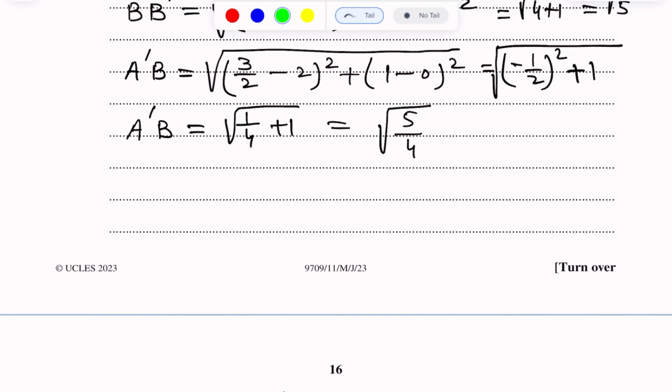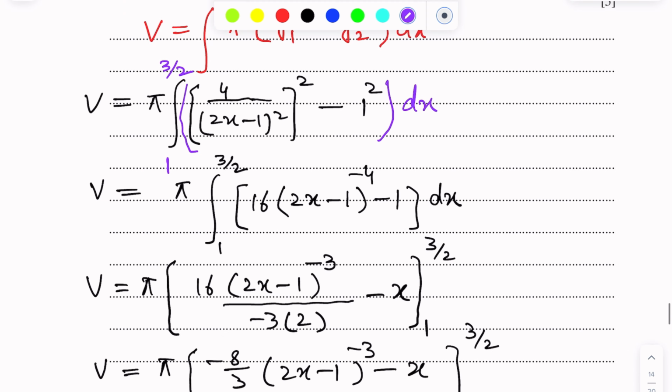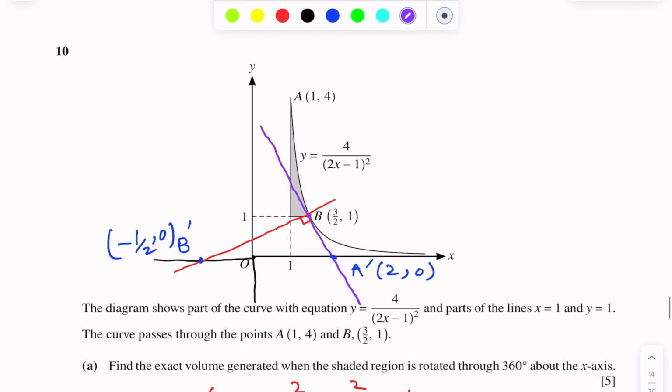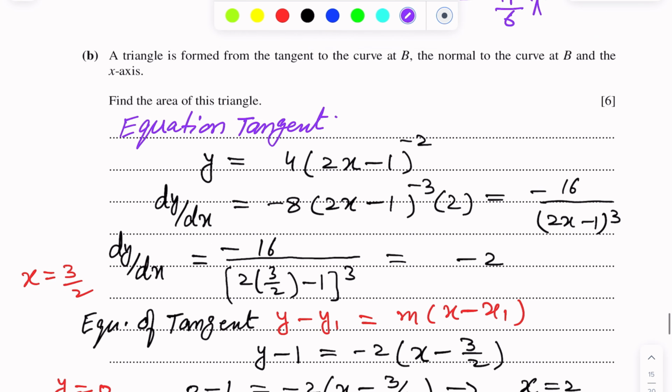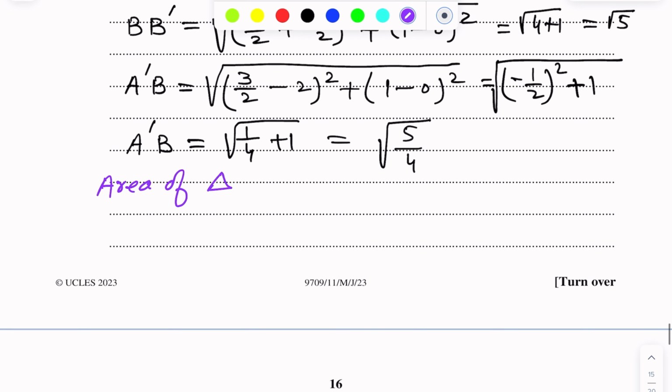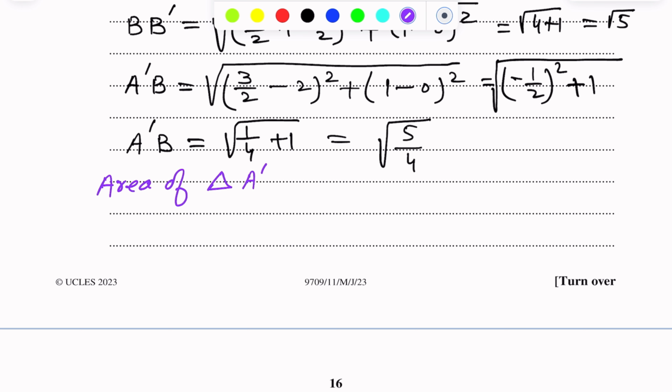So the area of triangle A dash B dash B is equal to 1 over 2 base into height.